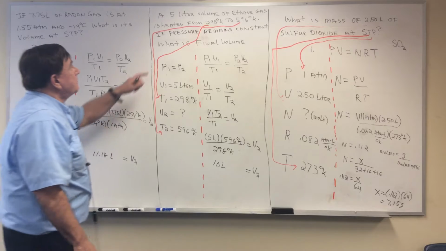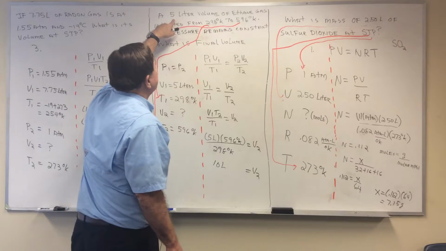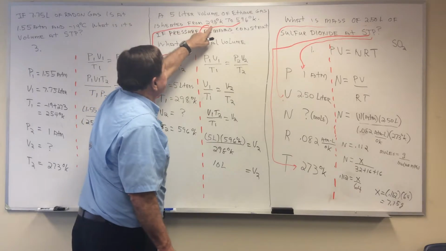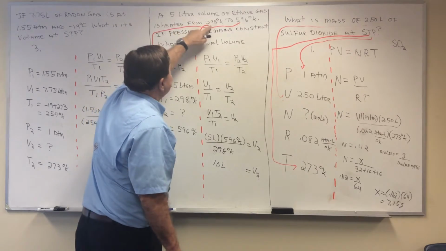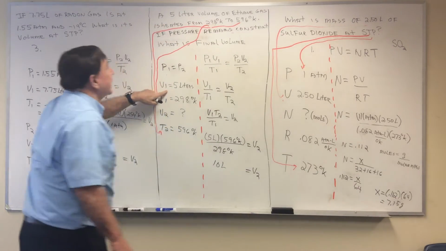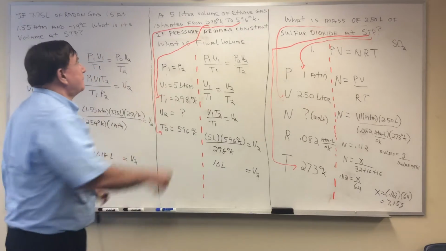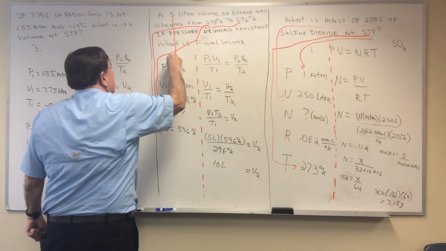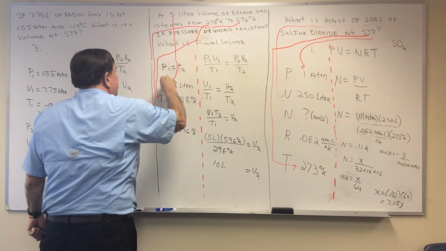Okay, now, a 5-liter volume of ethane is heated from 298. That means 5 and 298 are together. So that's why V1 is 5. So we draw another line through here to V1.